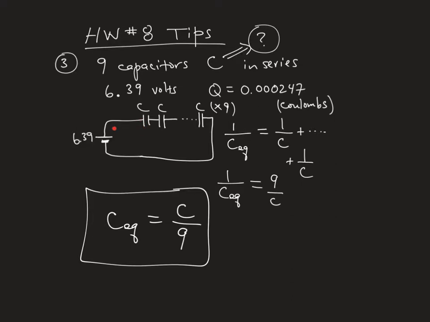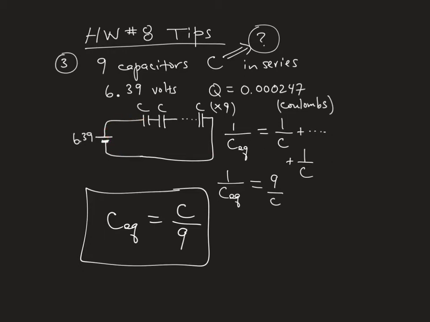Hopefully it makes sense that if I put positive charge on that plate, I must have taken it from that plate, because this is just a wire here. So I can move charges around. I could take a negative charge and pull it using the battery, pull it off of here and put it onto here.